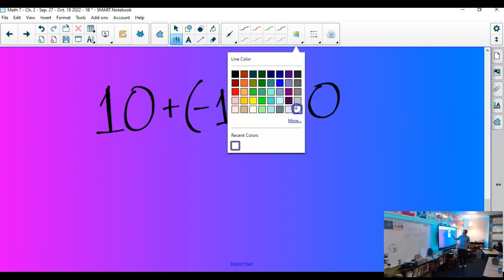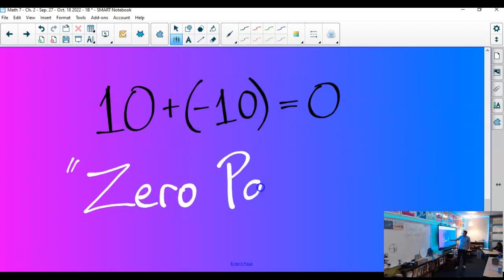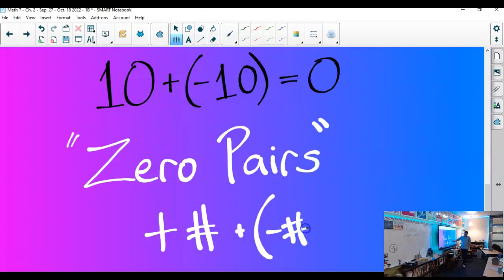Hey guys, you're proving to me I can't let your imagination go because you can't control yourself. This is what we call, and what I need you to write down on your paper, 0 pairs. Anytime we can match a positive number with its negative, the opposite of it, it makes 0.